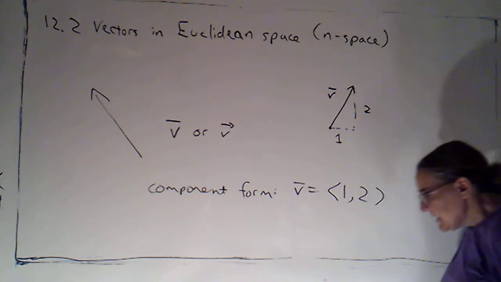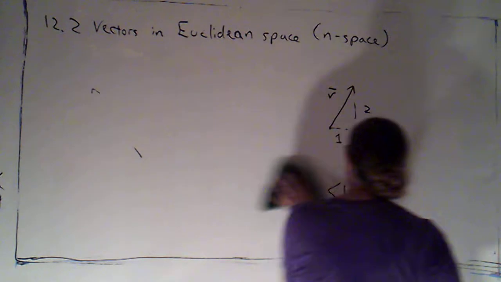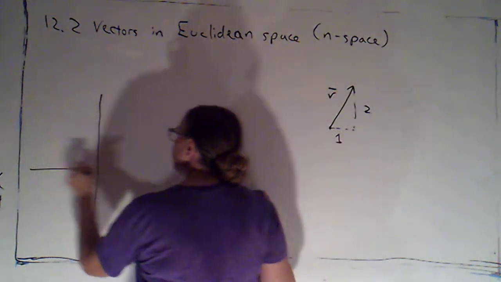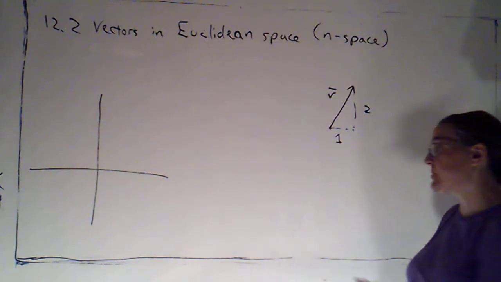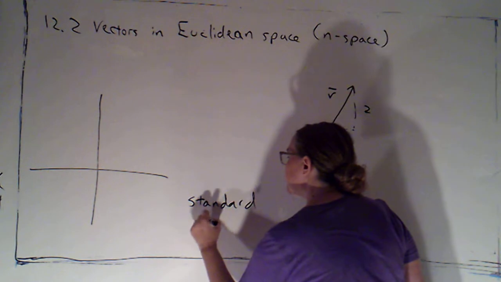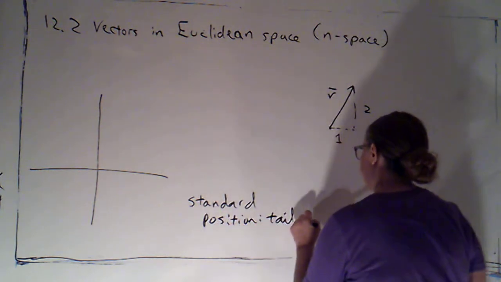Okay. Now, if I happen to draw v in what we call standard position, standard position just means that the tail is at the origin.